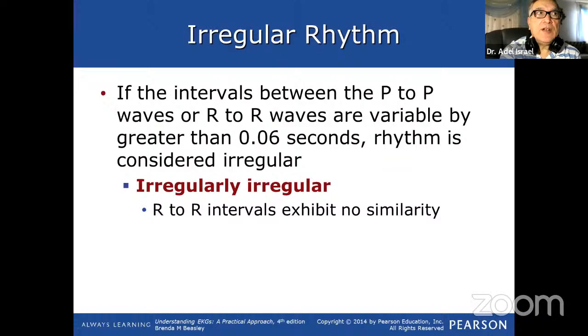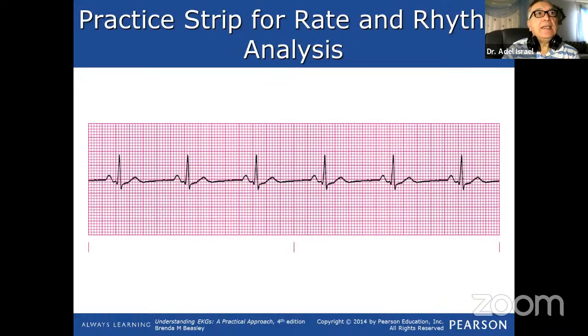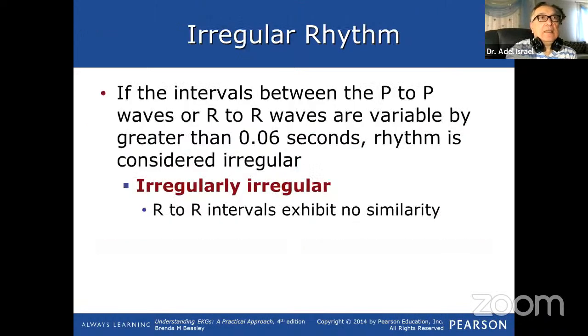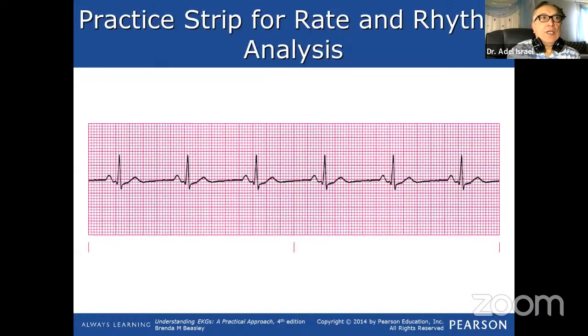And if it is irregular, it will be like this. This one is very okay. And here, the irregular irregularity, the RR intervals exhibit no similarity. Clear? So here we have a practice for the heart rate and the rhythm.